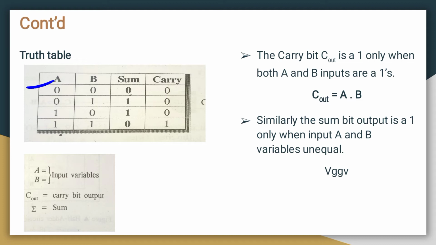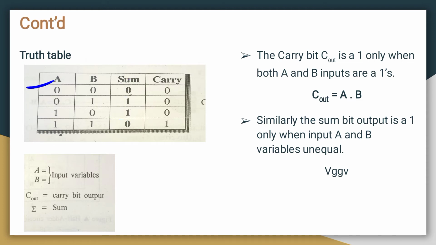So see, AB is 0 0, and the last one AB is 1 1. So the output is 0 and 0. Clear? So this is the XOR operation. Other than these two we will get 1. In the XOR operation, when the two inputs are equal the output is 0. When the inputs are different, we will get 1.